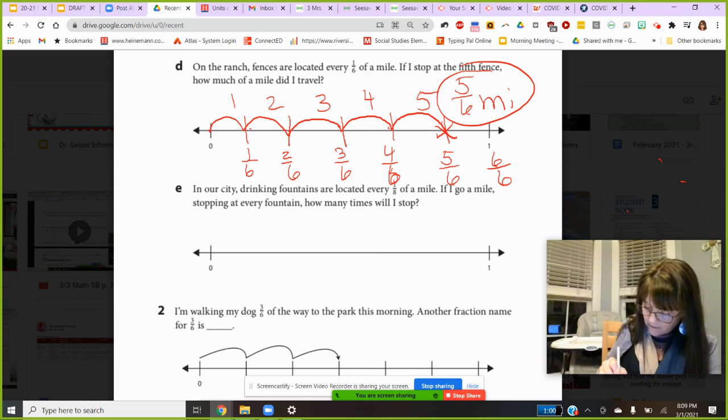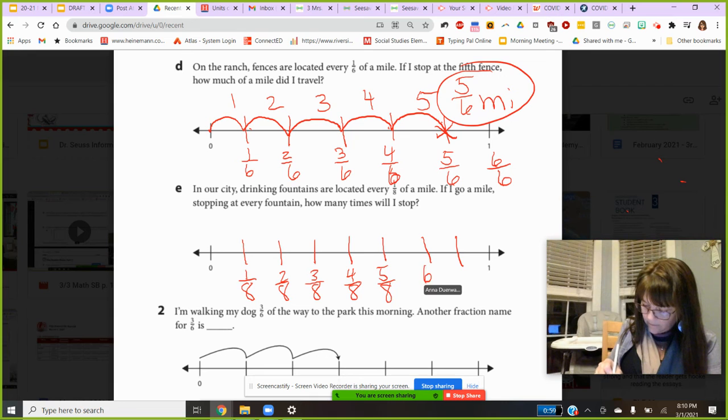Good. All right, so these aren't going to be very big spaces. Let's make sure I have enough. 1/8, 2/8, 3/8, 4/8, 5/8, 6/8, 7/8, and 8/8 is 1 whole.